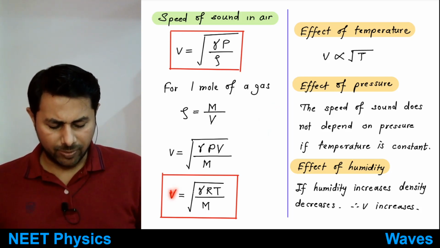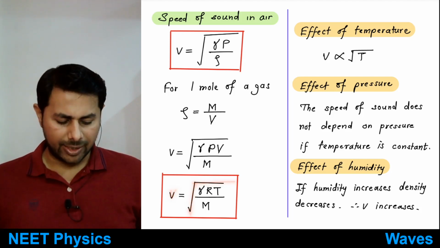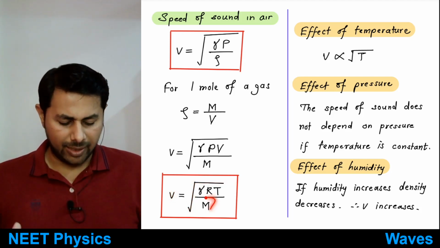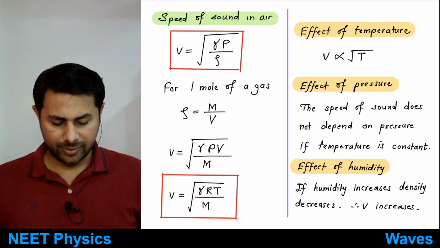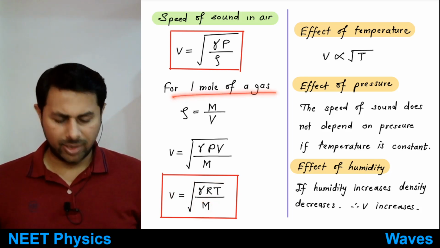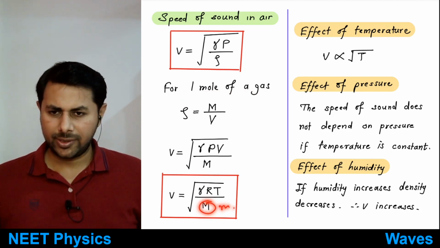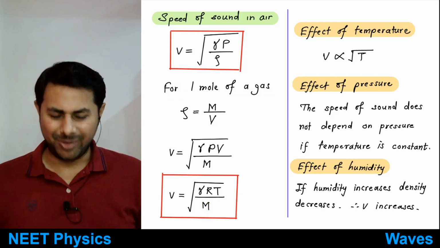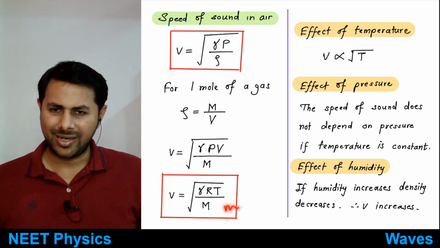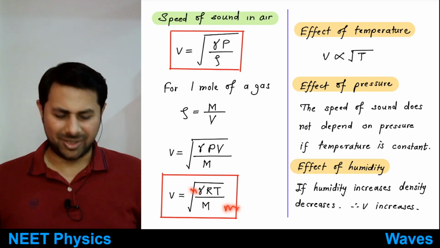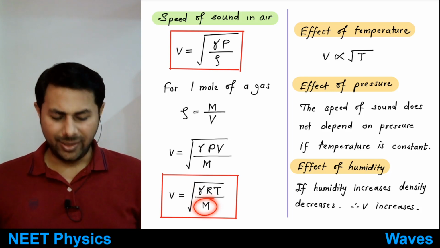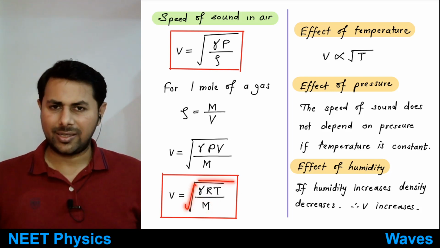So you get another formula: V is equal to square root of gamma times RT by M, where M is the molar mass for 1 mole of the gas. If there are n moles, there will be the mass of n moles and n in the numerator. That's the same thing. So it is square root of gamma RT by M.